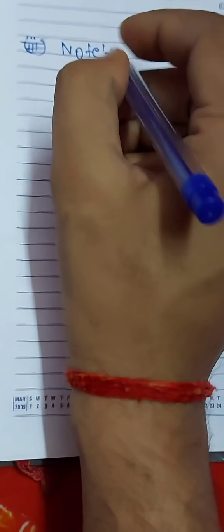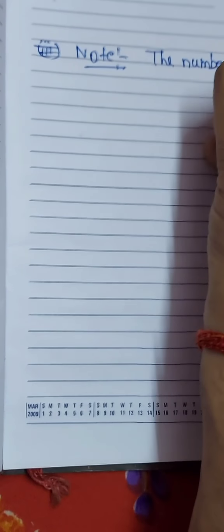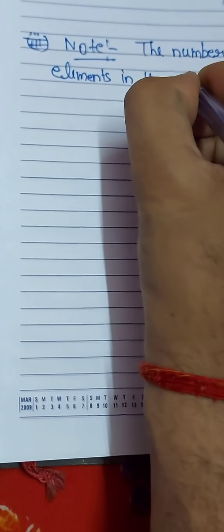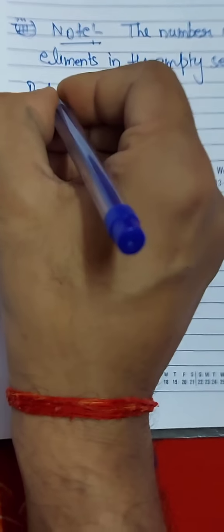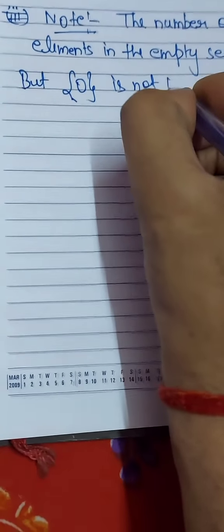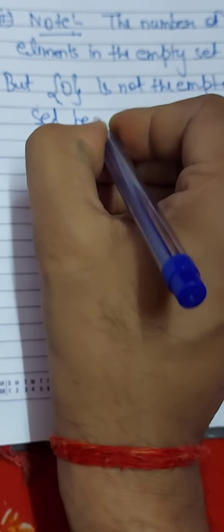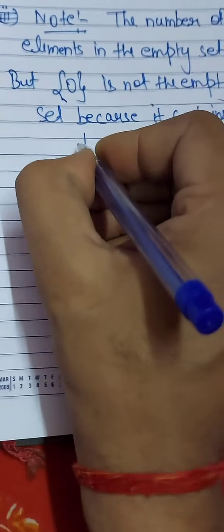So the number of elements in the empty set is 0. But an important point to note: the number of elements in the empty set is 0, but the curly bracket containing 0 is not the empty set, because it contains the element 0.